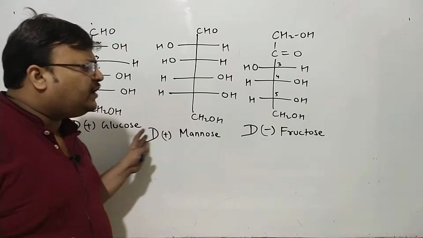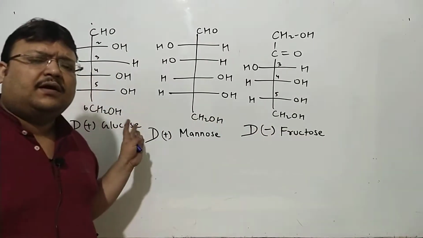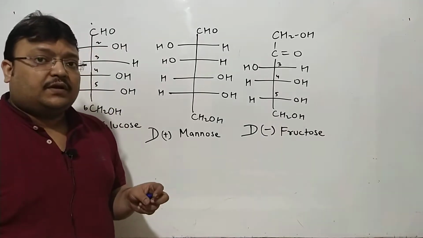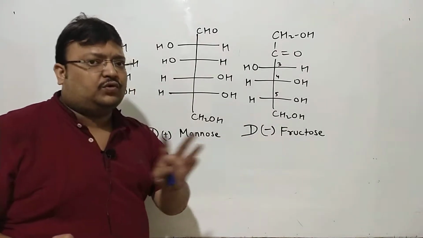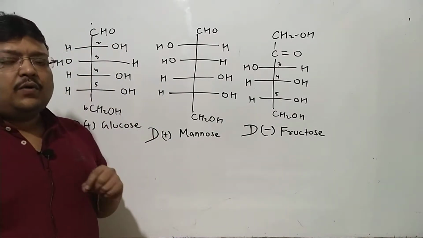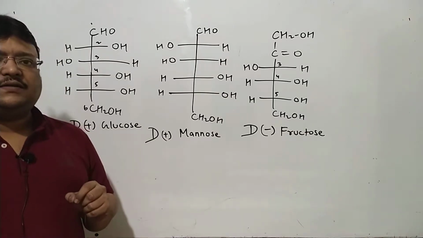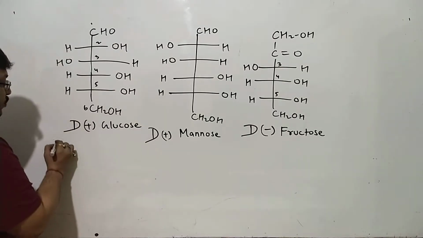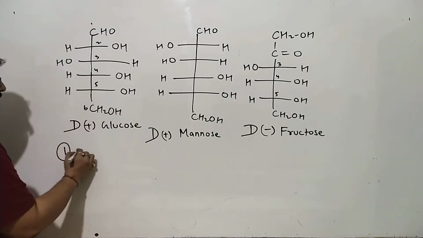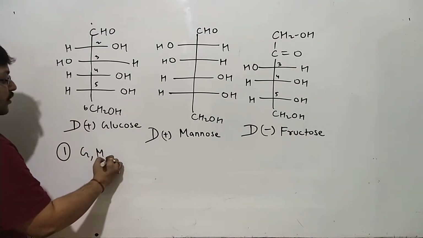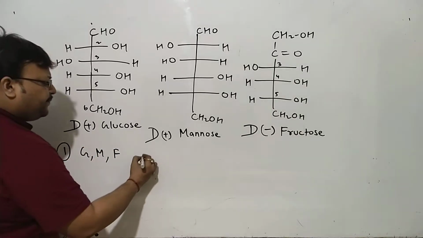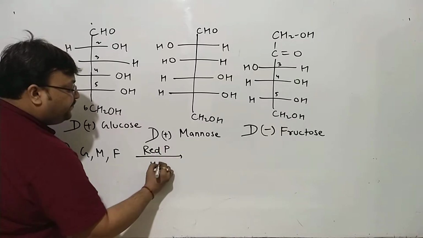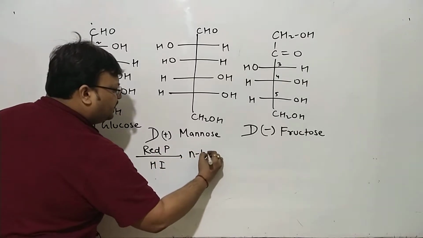Glucose and fructose naturally are two very common, popular monosaccharides, because sucrose, the common cane sugar, is made up of glucose and fructose. Now going into their chemical properties: glucose, mannose, fructose, all three, with red phosphorus and HI, they all give n-hexane.